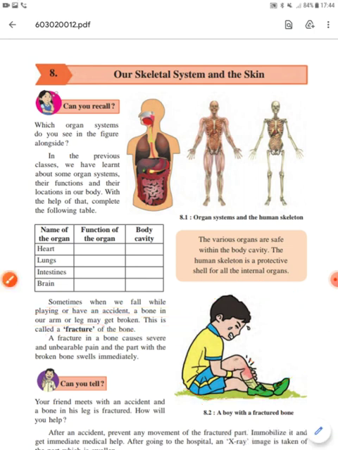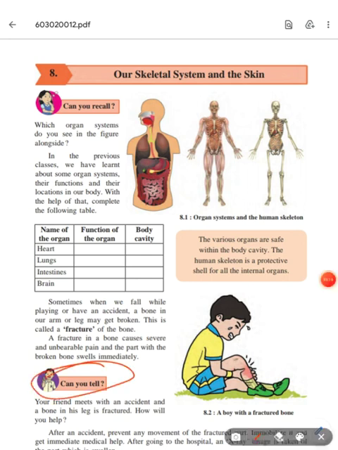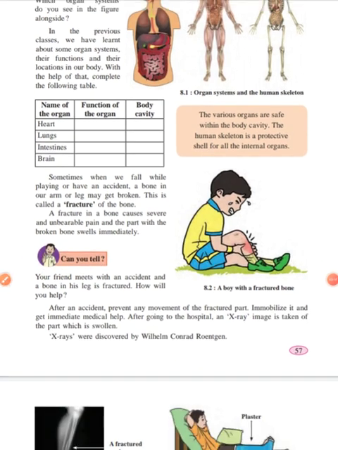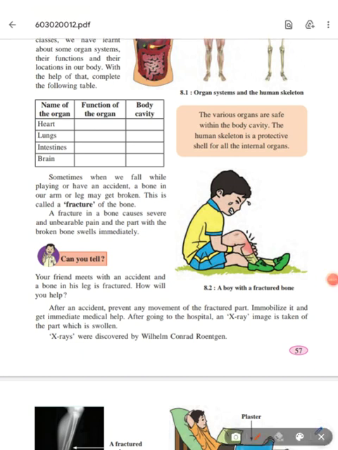Her leg gets fractured. Can you tell, if your friend meets with an accident and his leg is fractured, how will you help?